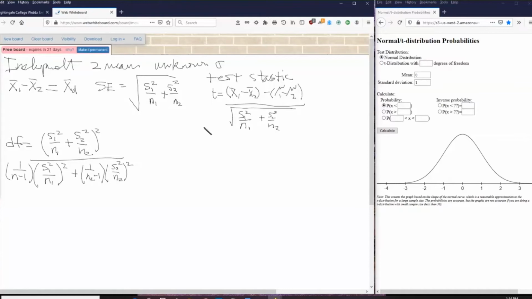So let's do an example so we can see how all of these formulas work together with our hypothesis test.